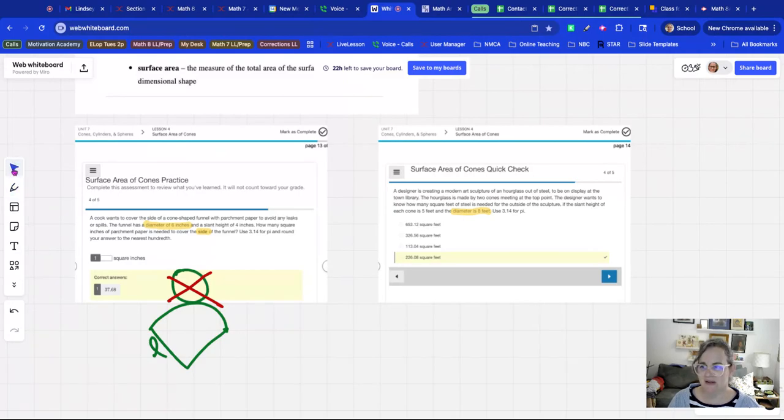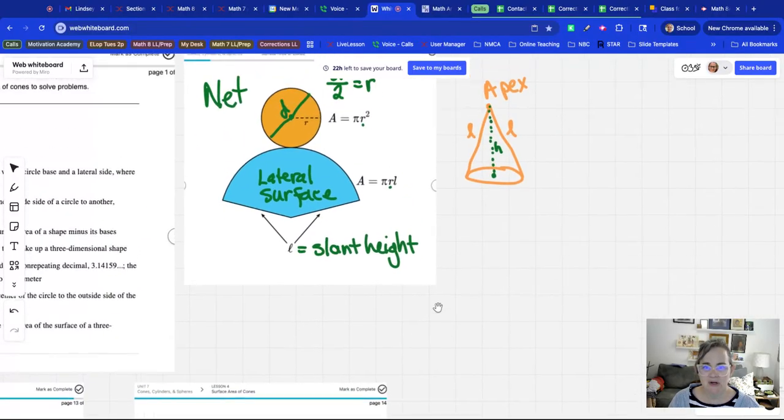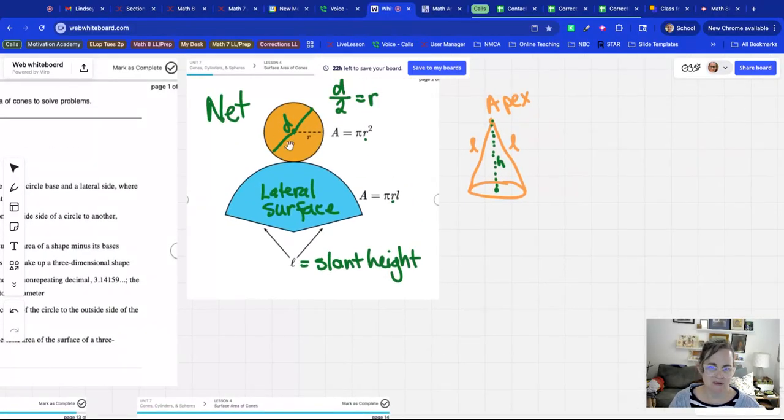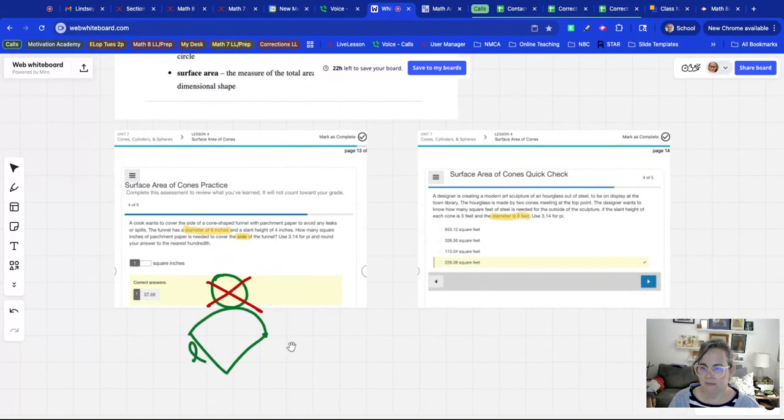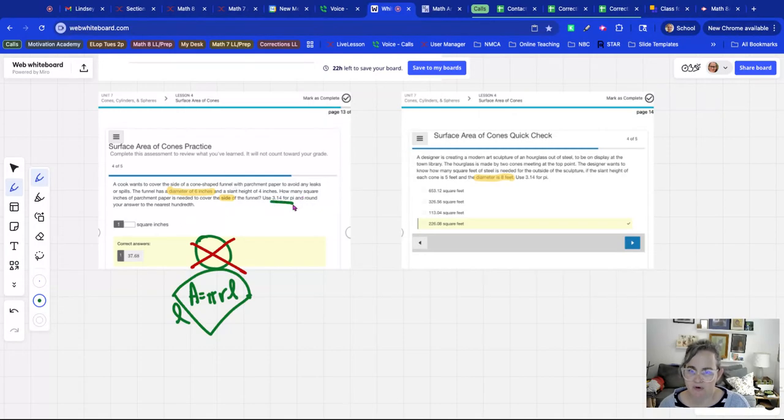Well, kind of like the video that you watched yesterday, we're going to leave out this orange part, and we're only going to use this part here, pi r L. All right, so let me write that down. Pi r L, where L is the slant height. We're going to use 3.14 for pi, and we're going to round to the nearest hundredth.